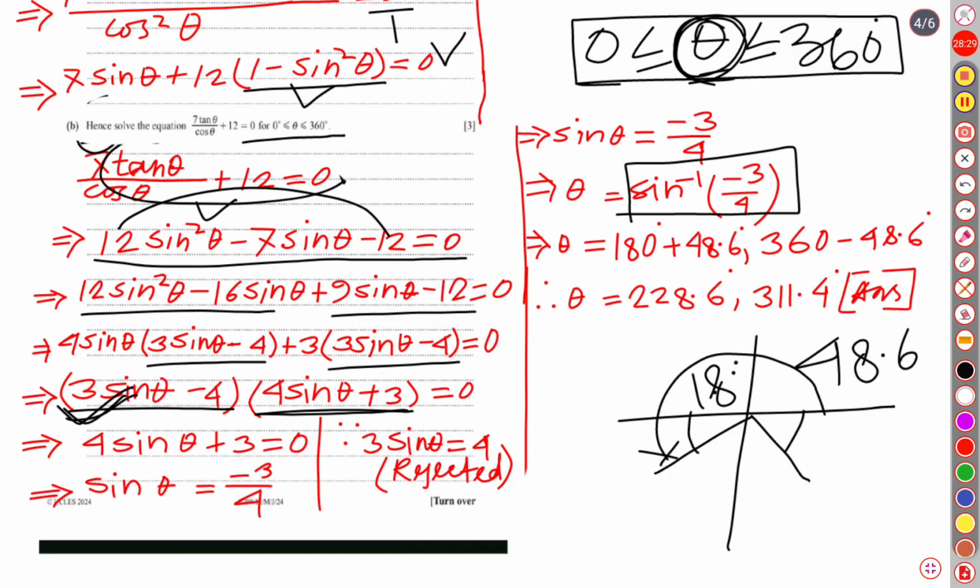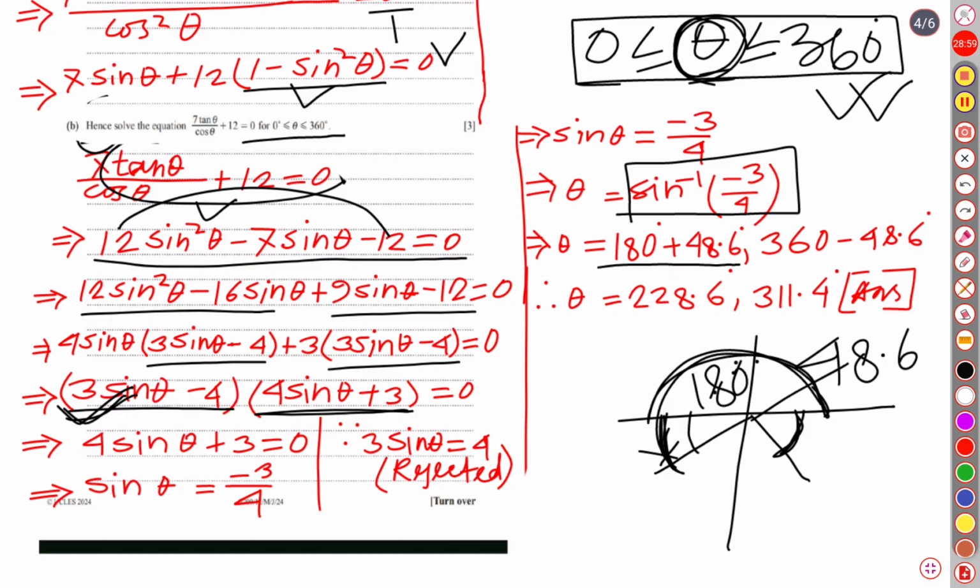Now there is something more, this angle is 48.6. So for this portion, first there is 180 up to the second quadrant, then we will add this 48.6. So we have 180 plus 48.6. What about the next? Already we have decided that the fourth quadrant is also applicable, because our range is 360.